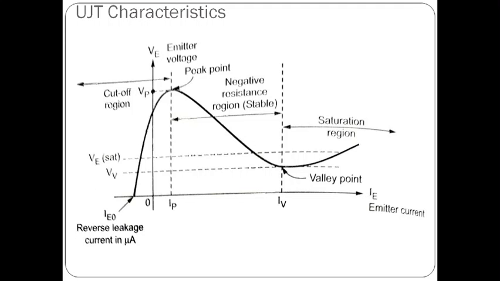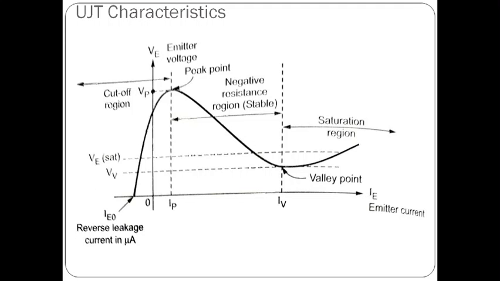Generally, in all characteristics, the voltage is taken on the x-axis and current on the y-axis. But here we have taken it in reverse. On the x-axis we take the emitter current, and on the y-axis we take the emitter voltage.